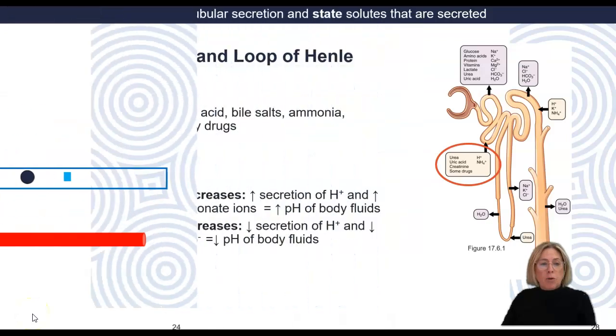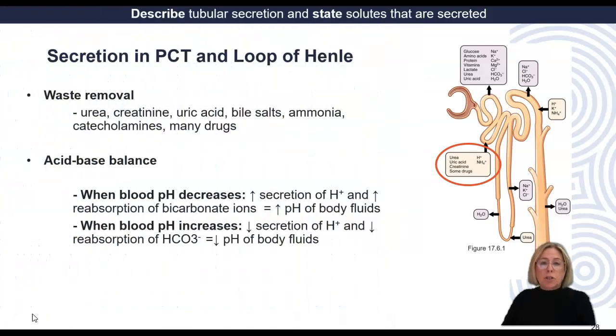Very briefly then, we're going to look at tubular secretion in the proximal convoluted tubule and the loop of Henle. Secretion is really important in waste removal. And you can see here in the proximal convoluted tubule, we have secretion of lots of different things. They're moving into the nephron tubule here.